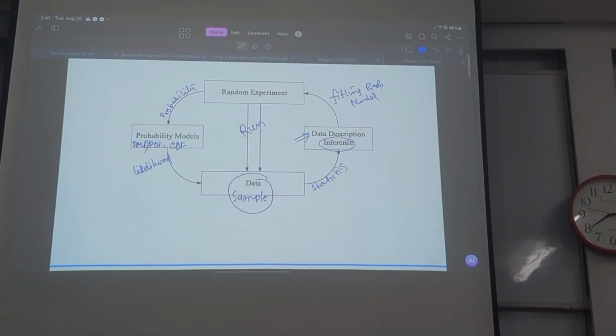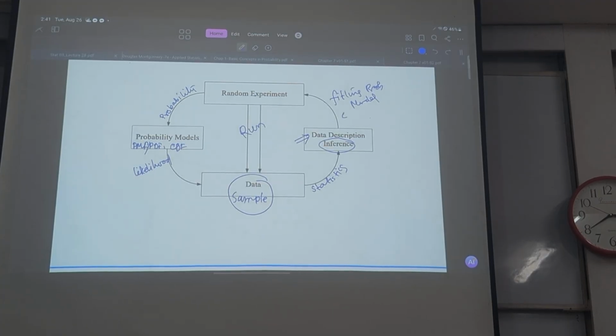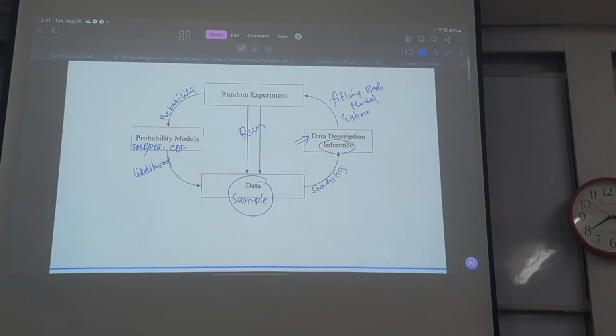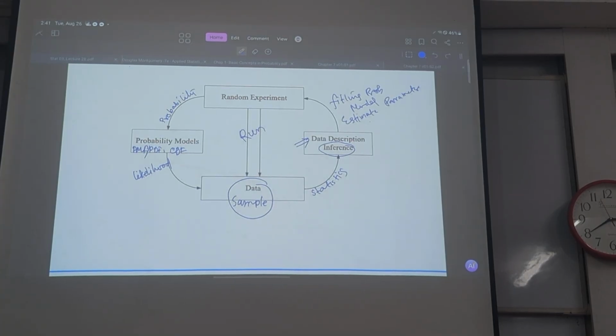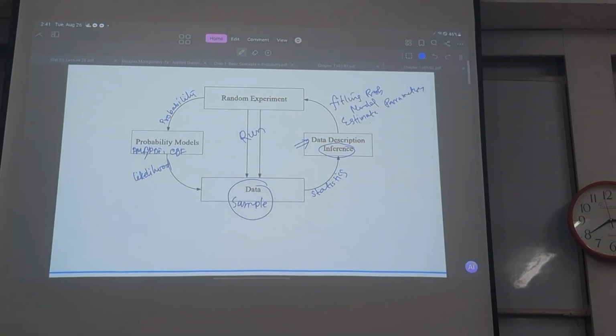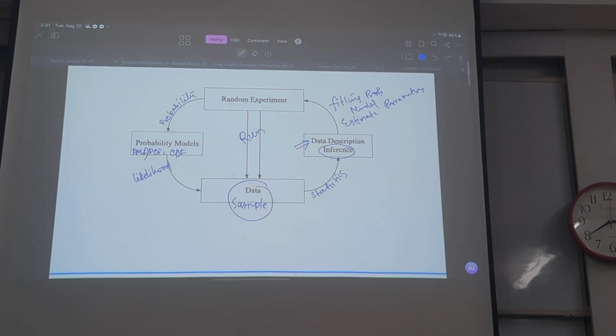So now you can see sometimes we can estimate parameters about the data.